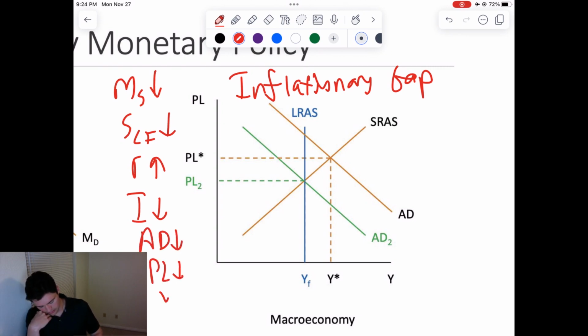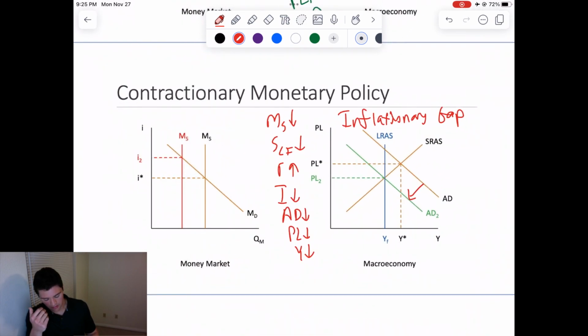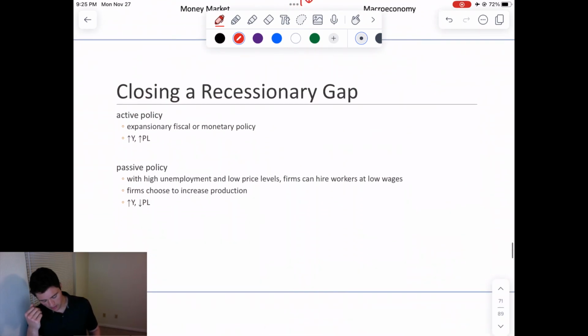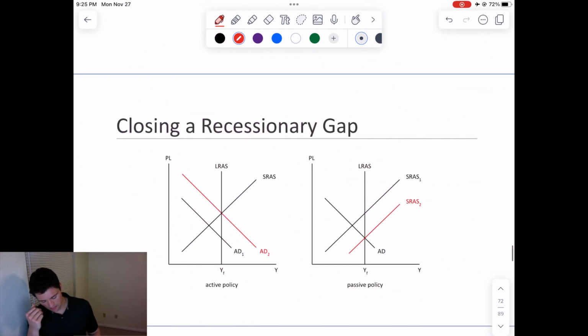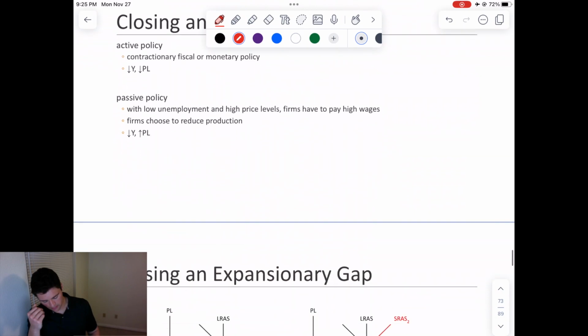So therefore, decreases aggregate demand. So that's what's happening with an inflationary gap. Okay, we only do that because the inflationary gap, we will do contractionary monetary policy. Okay, so that's what we talk about when we're closing the expansionary and contractionary gaps.